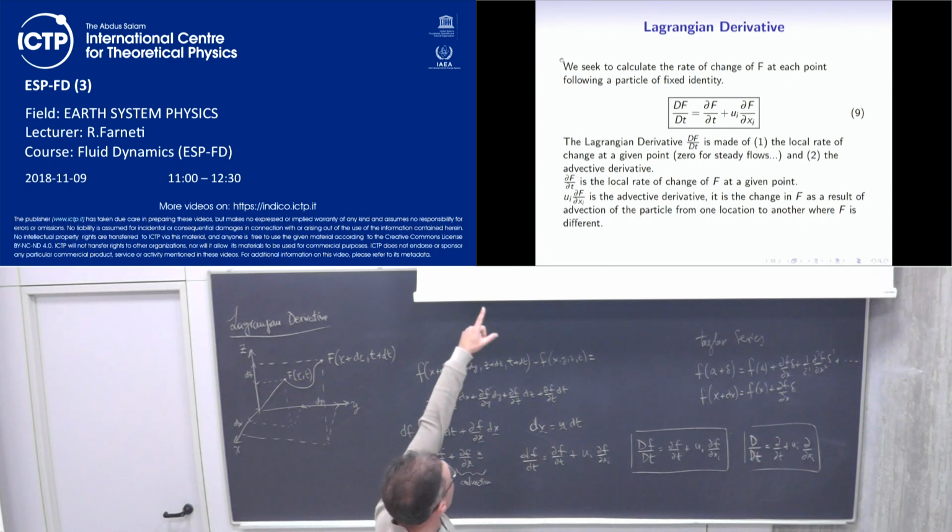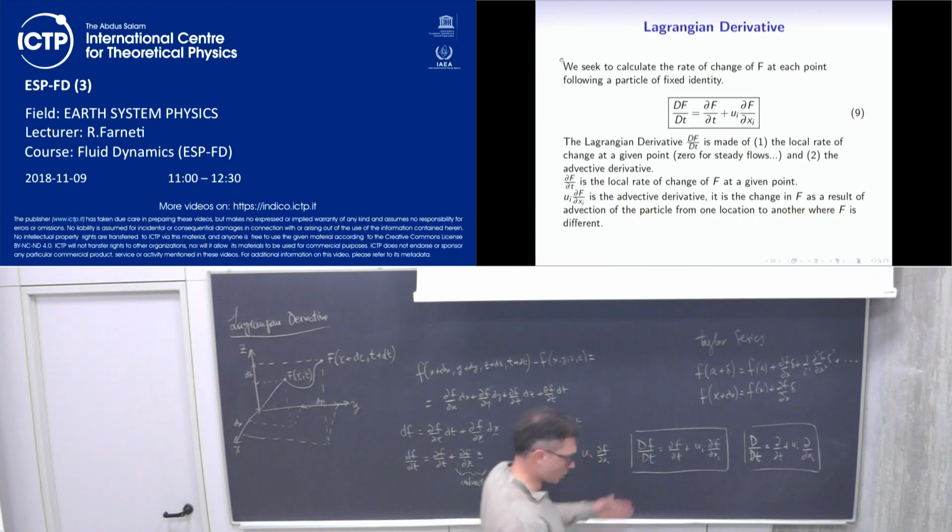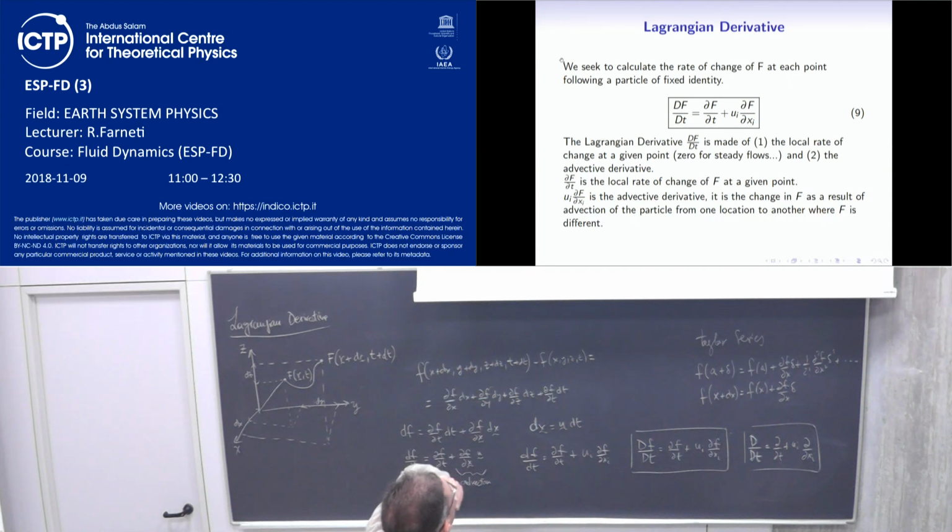The d by dt of f is the local rate of change of f. So in a fixed point, what is the local rate of change of my particle? That's the d by dt, the first term. Whereas the second term, the d by dx, is the advective derivative. It's the change in f as the result of advection of the particles from one location to the other.